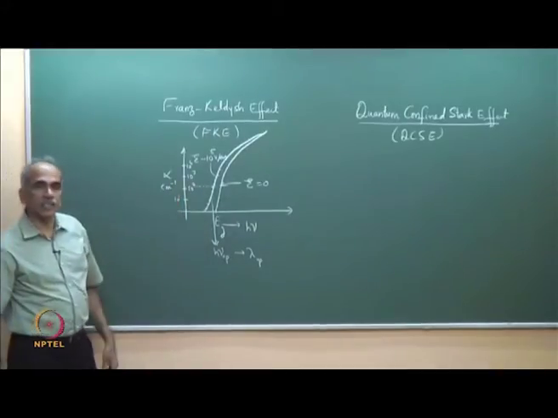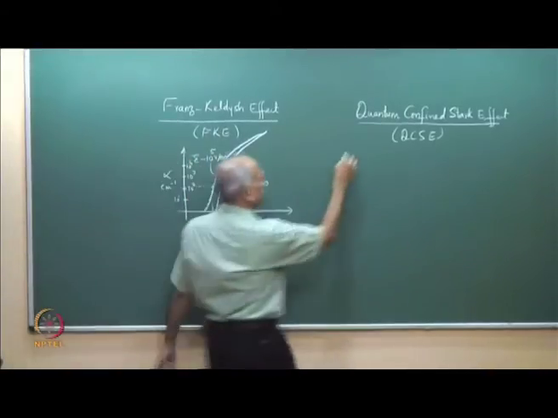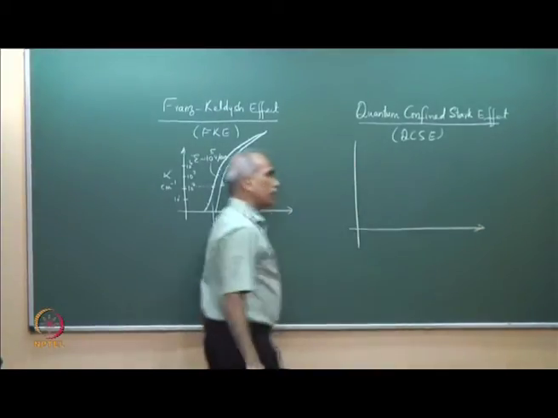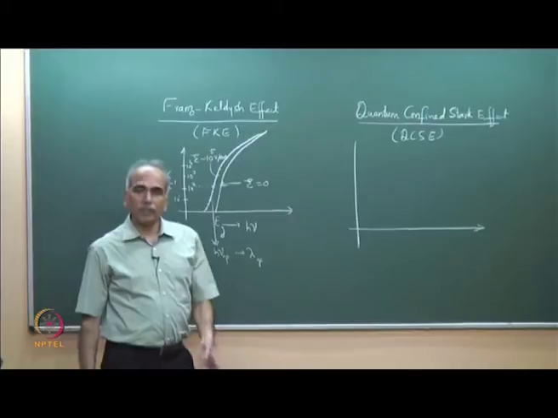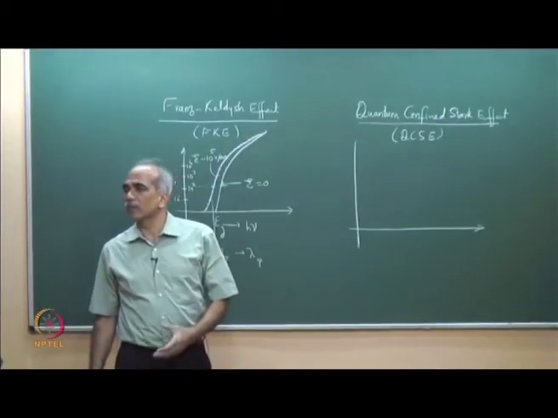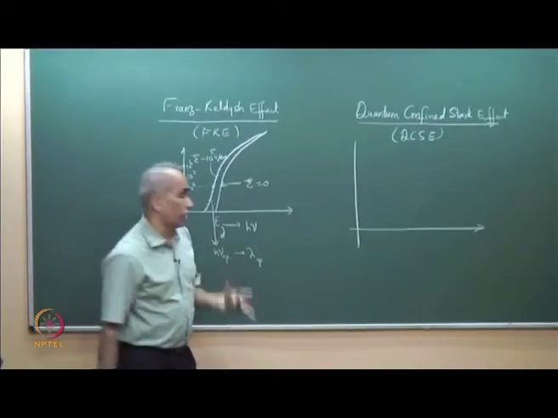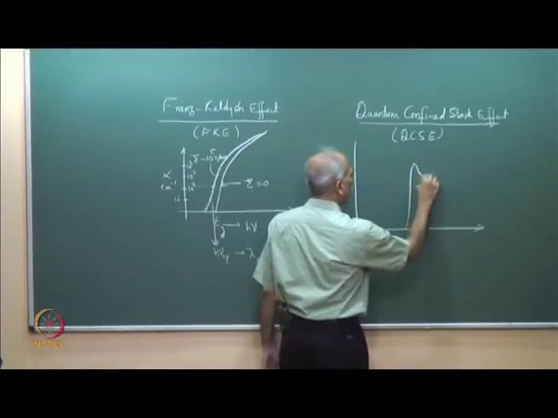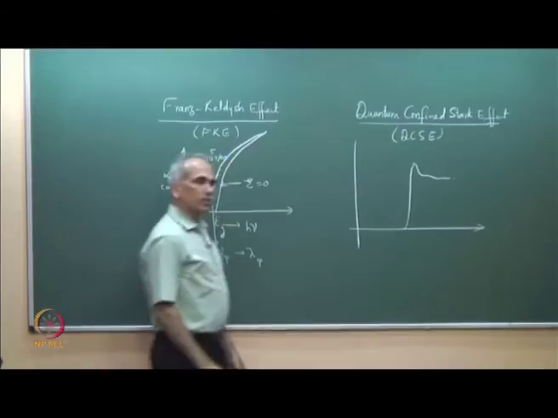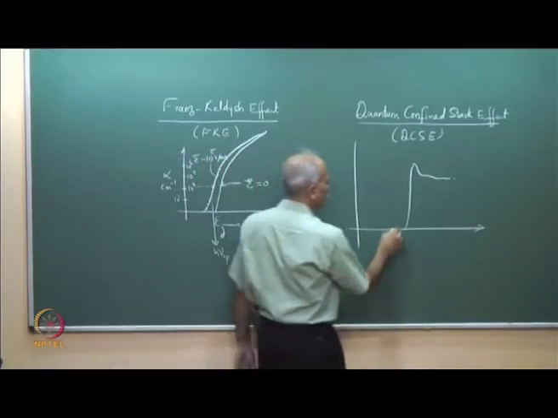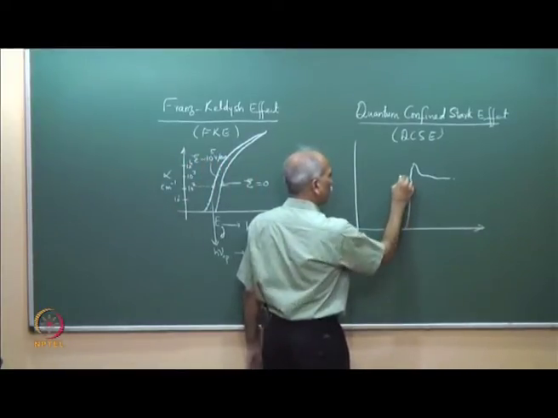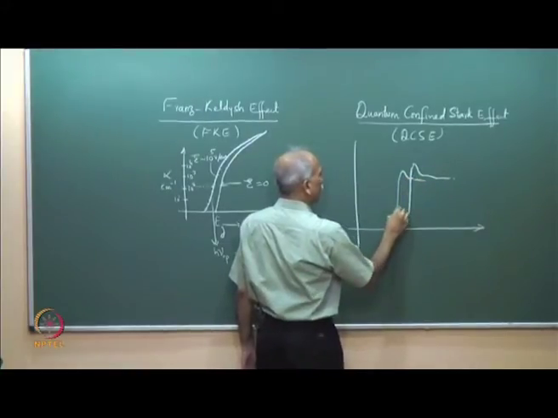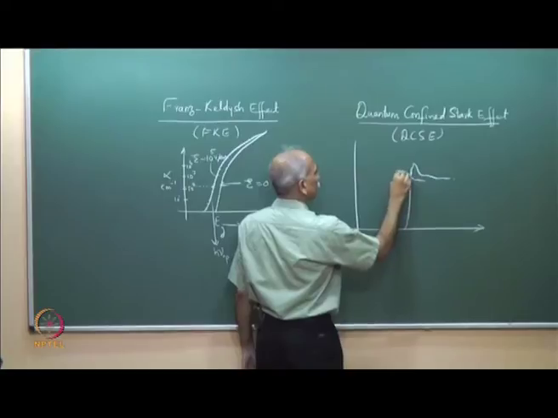This is the Franz-Keldysh effect. In the case of the quantum confined Stark effect, because of the step response of the absorption coefficient and because of the presence of excitonic peaks, the change is very large. So, in the absence of the electric field, you have a response which is like this, which shifts in the presence of the electric field.